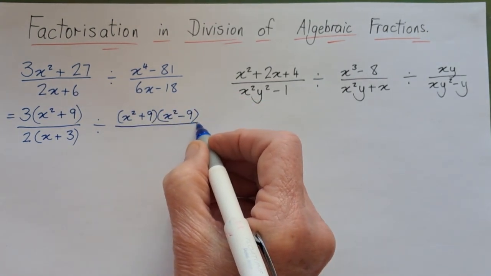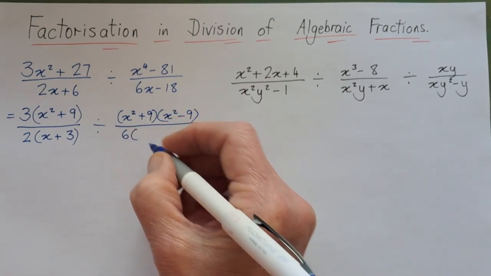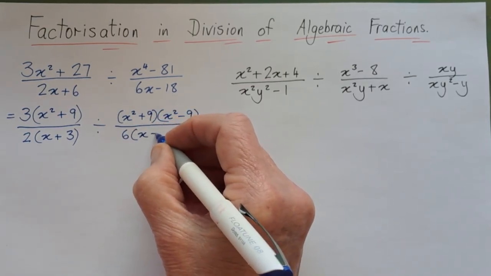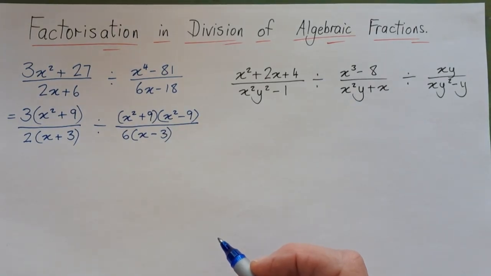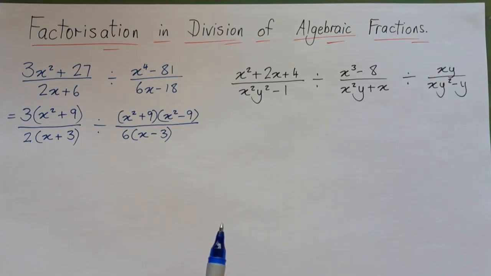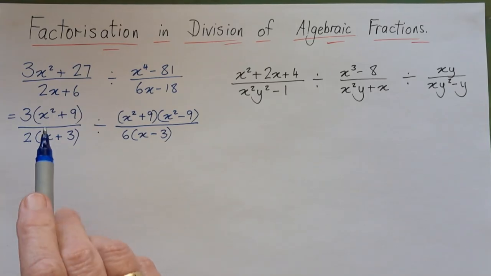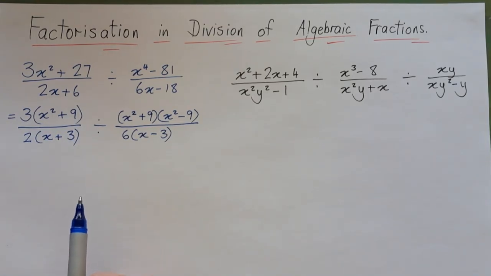Looking at the denominator, I have a common factor of 6, and that will leave me with x minus 3. So it appears as if everything's been factorized, but always go through, because what can happen sometimes is you factorize into two brackets and then one of the brackets can factorize further. So this is a sum of two squares, and a sum of two squares is not factorizable, so don't fall into that trap.